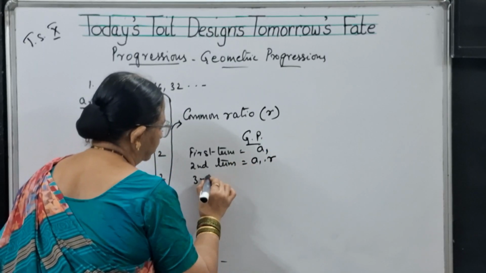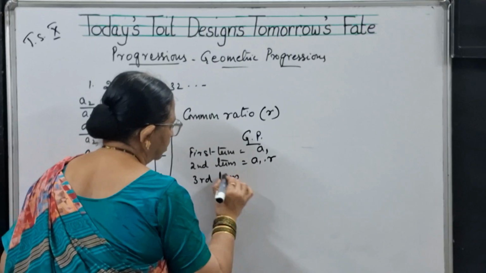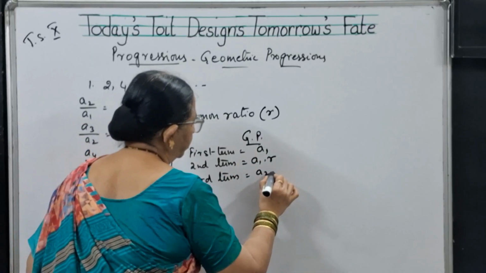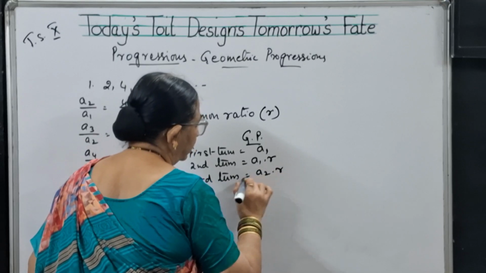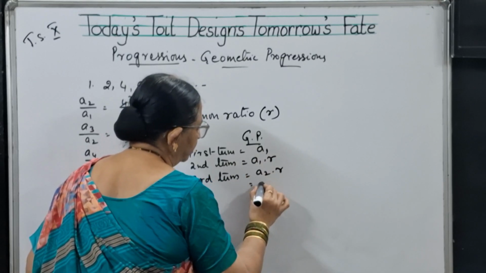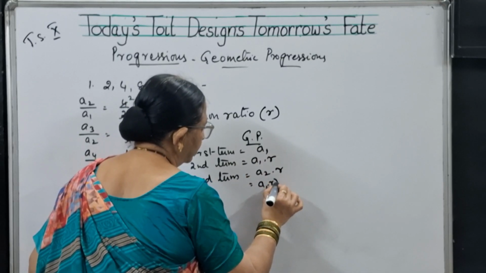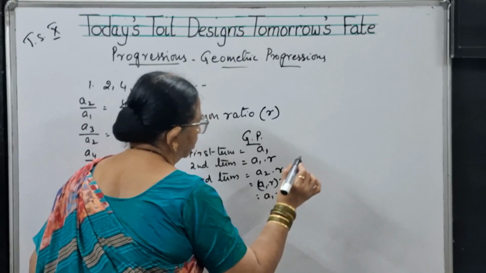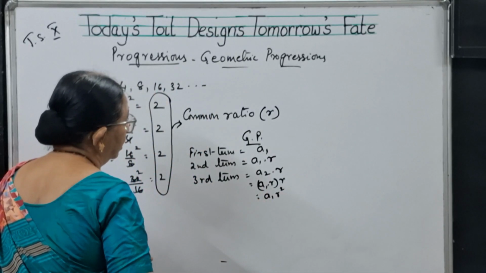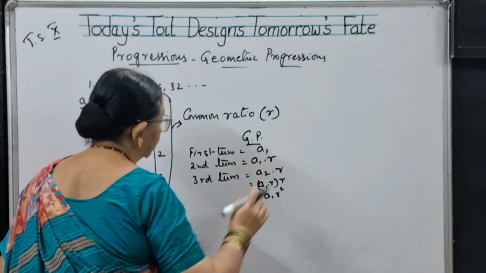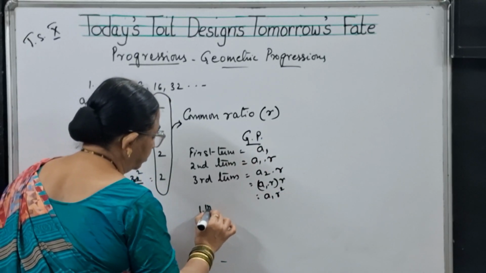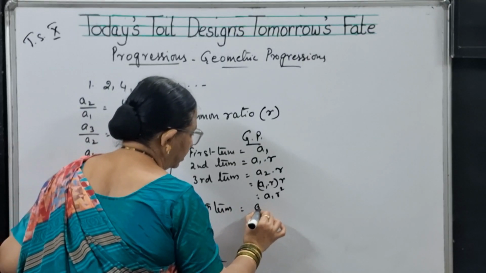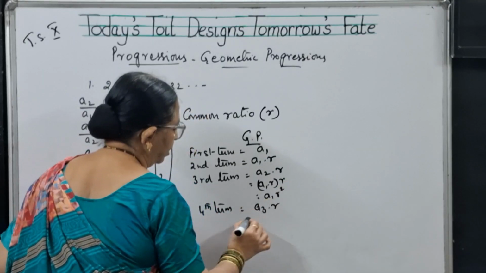What is the third term? How will you get the third term? Third term you will be getting if you take A2 and multiply by r. A2 is what? A1 into r. That is nothing but A1 r square. Then the fourth term we will be getting by taking the third term multiplied by r again.